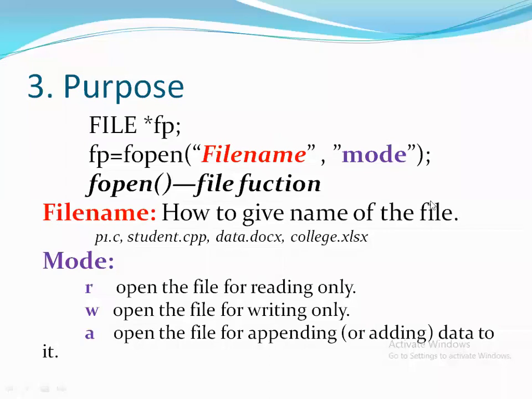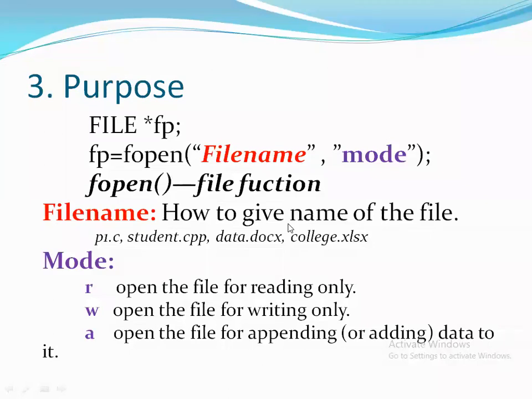In the regular way we can give names like p1.c, student.cpp, data.docx. The docx is an MS Word file, there are Excel files, a cpp file, a c file. All these are files with a dot extension, but without an extension it is also allowed. In that way we can give the file name.